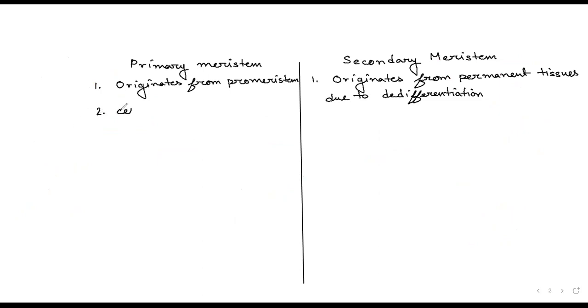So, cells are generally round, oval, polygonal, and rectangular.